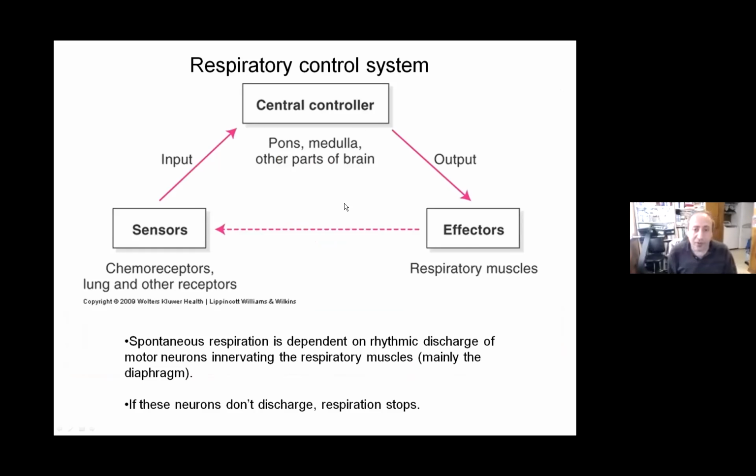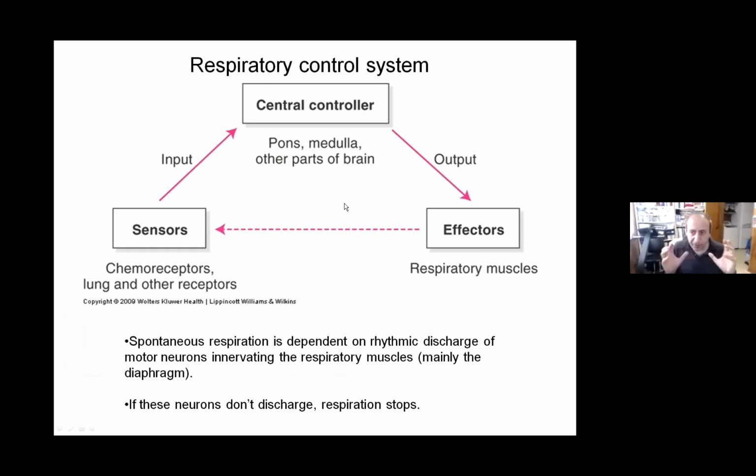So the main brain regions that are responsible for controlling respiration are the pons and medulla, and there are, of course, other areas that give input to this central controller so they can modulate breathing.